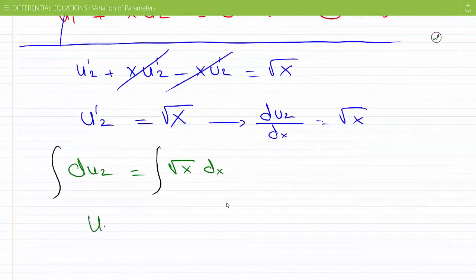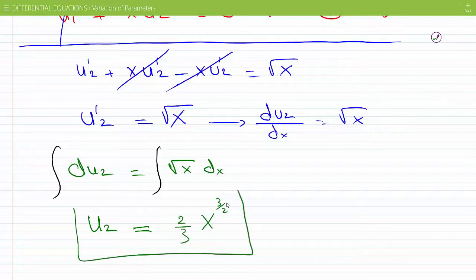So we will get u2 to equal x to the 3 halves multiplied by 2/3. So this is our u2, right?